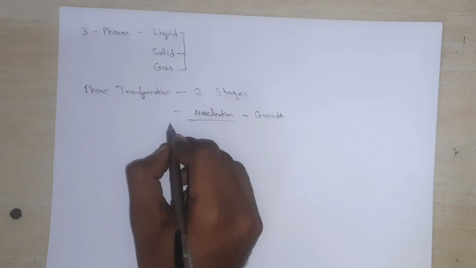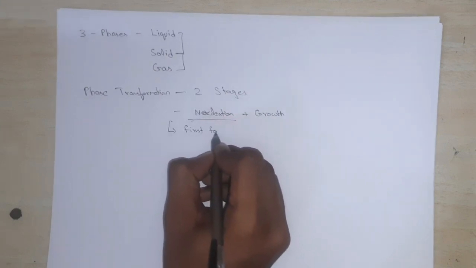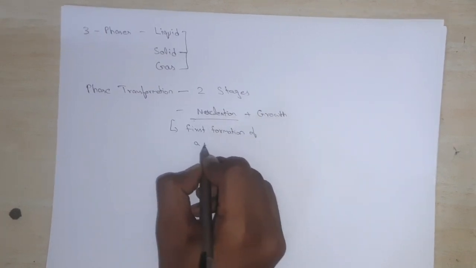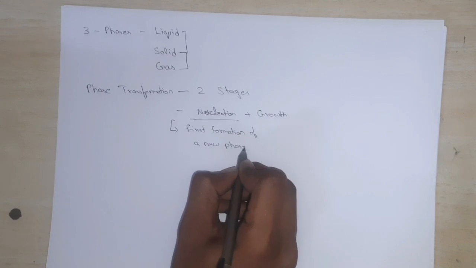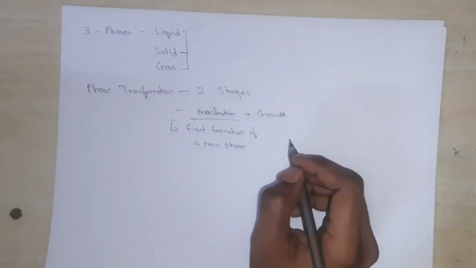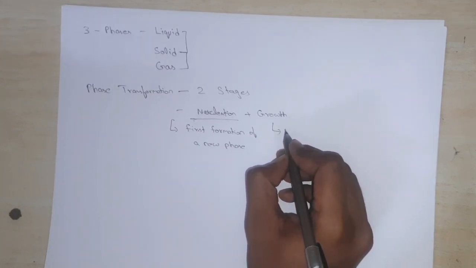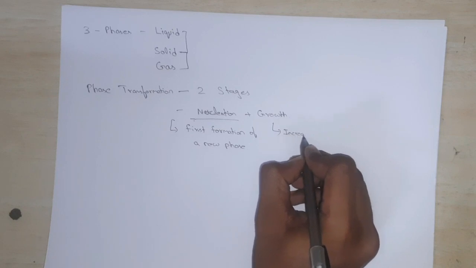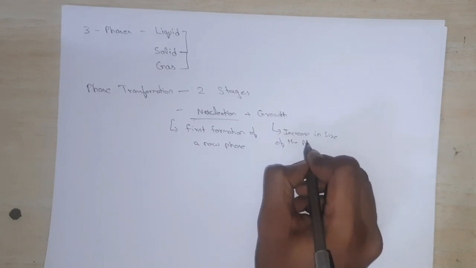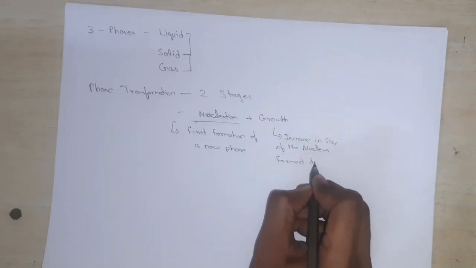So nucleation is defined as the first formation of a new phase. The first formation of a new phase is called nucleation, and growth is the increase in size of the nucleus formed during nucleation.